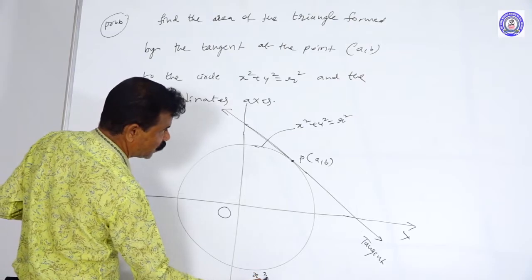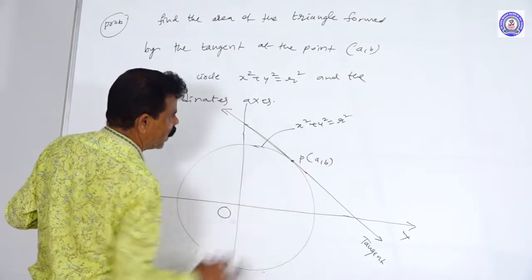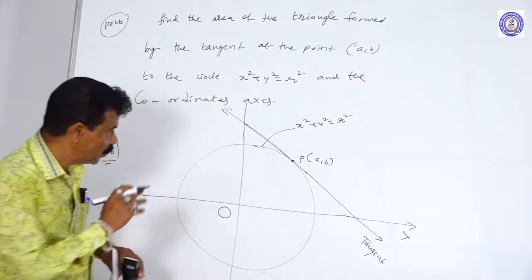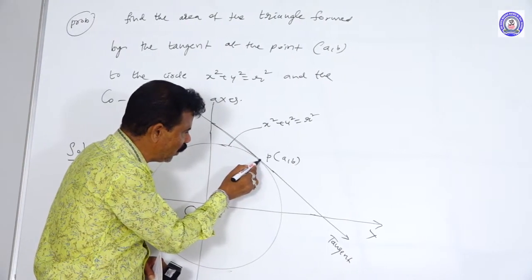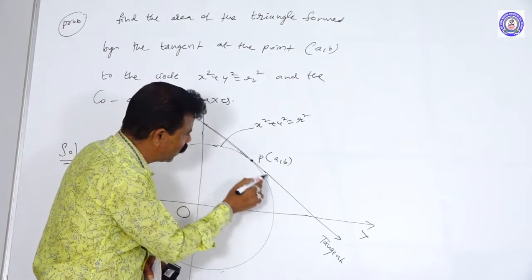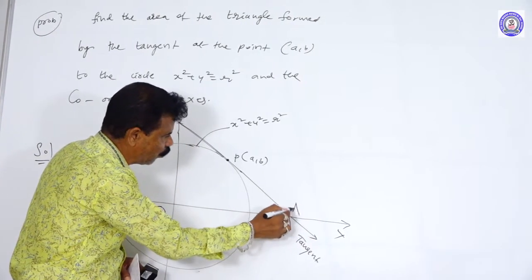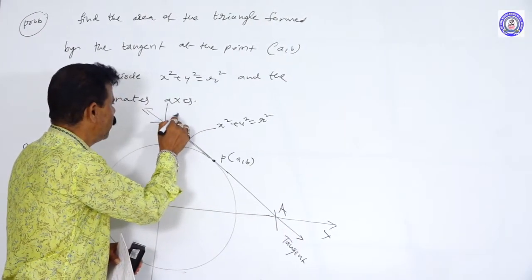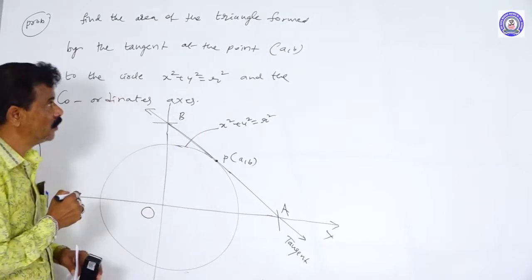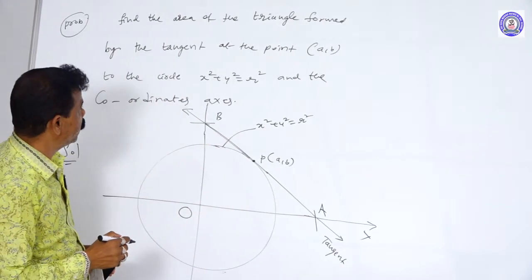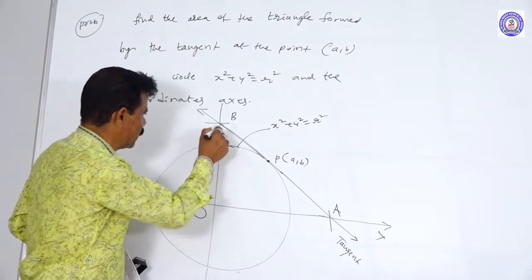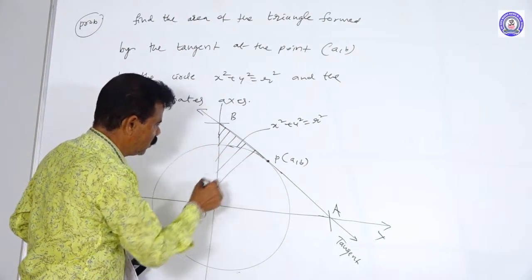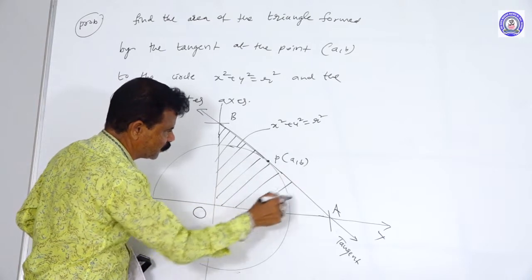The circle is x square plus y square is equal to r square, given. This tangent drawn at P cuts the x axis at A point, and cuts the y axis at B point. In the question, what is asked? The area of the triangle formed by the tangent with the coordinate axes. This is the area he is asking.